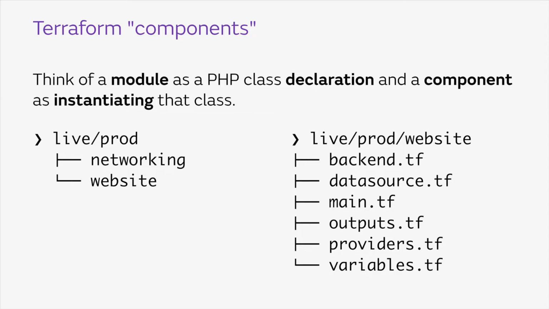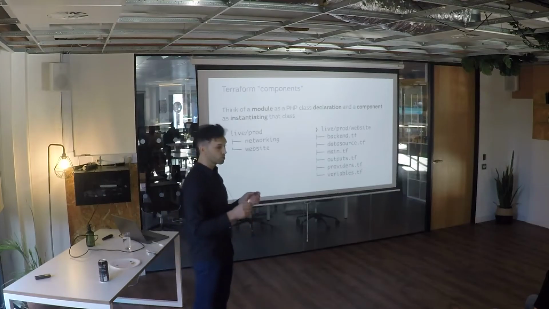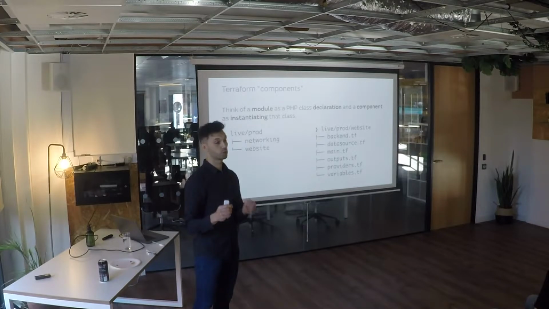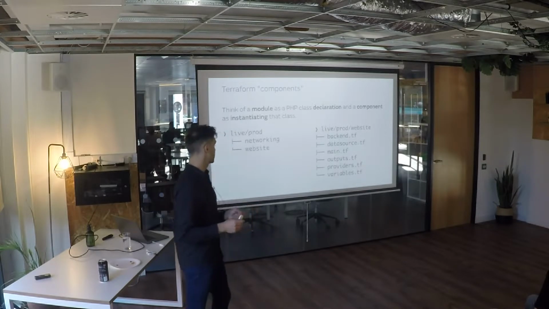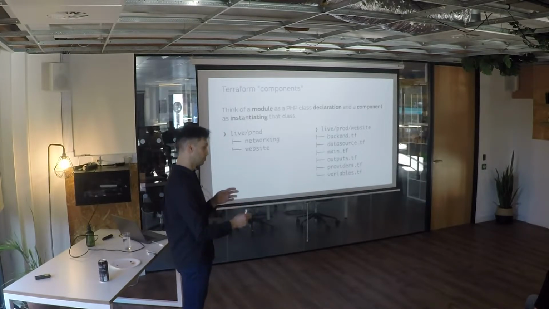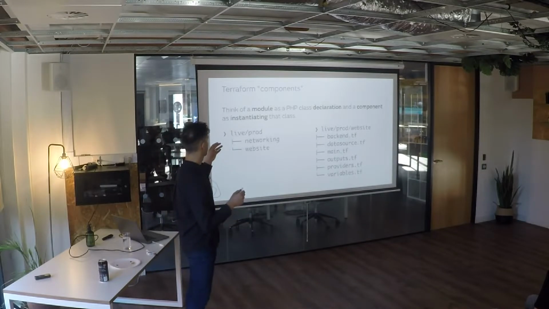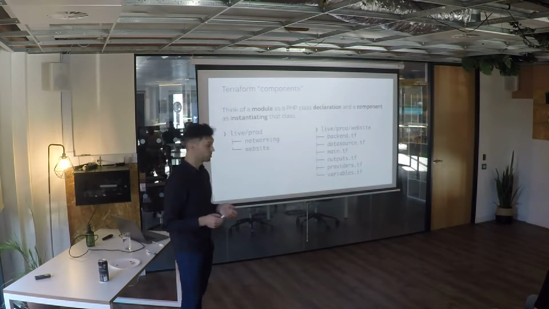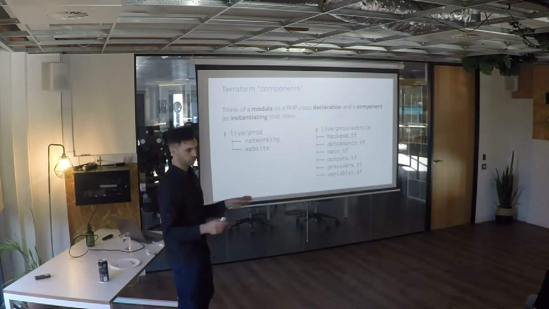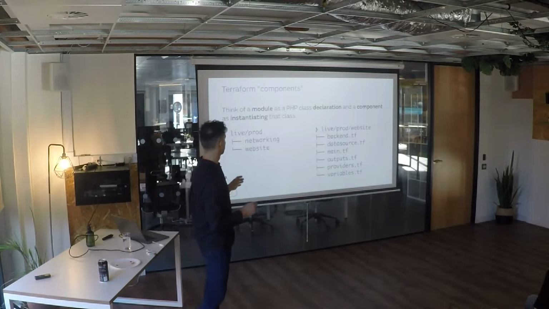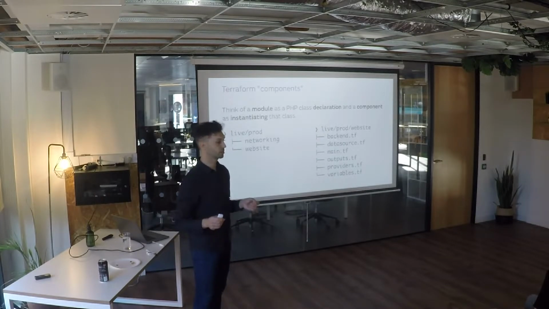Now, the Terraform module is not sufficient to actually create the resource. Instead, I need something more, and I need what I'm calling a component. You can think of the module as a PHP class declaration, and the component as instantiating that class.